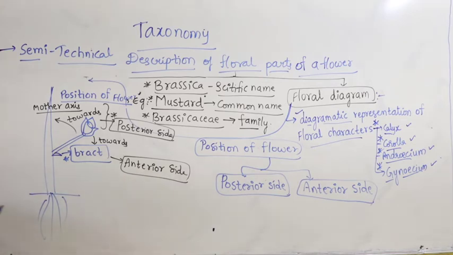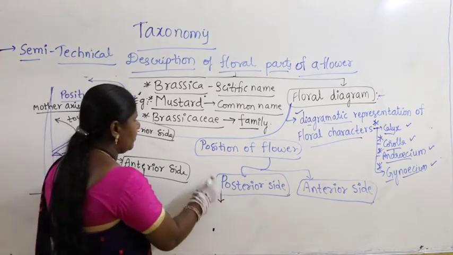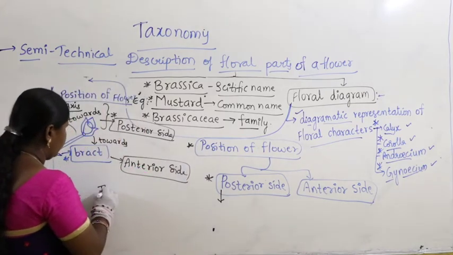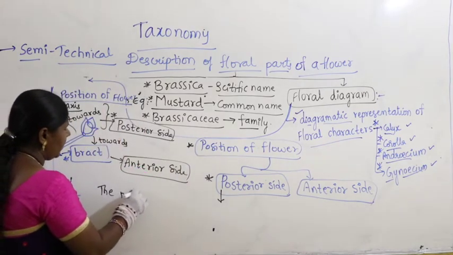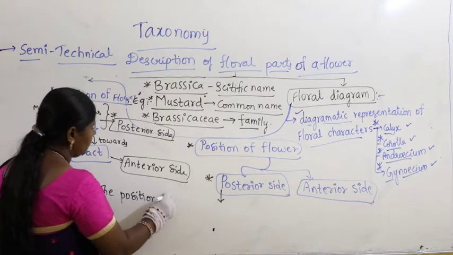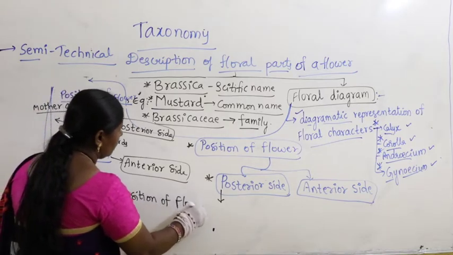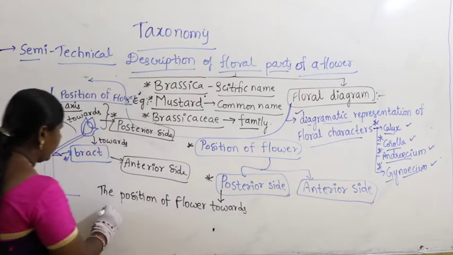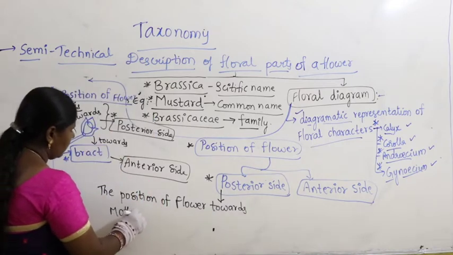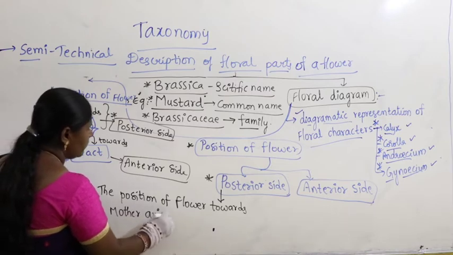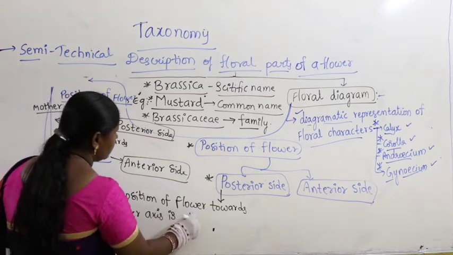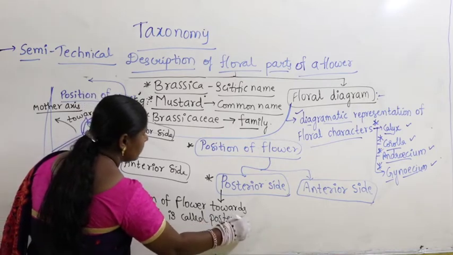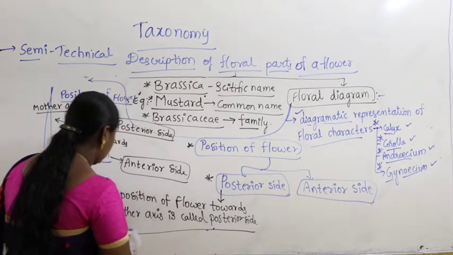So I'll give you two definitions. What is the position of the flower? So I just write: the position of the flower towards the mother axis is called the posterior side.